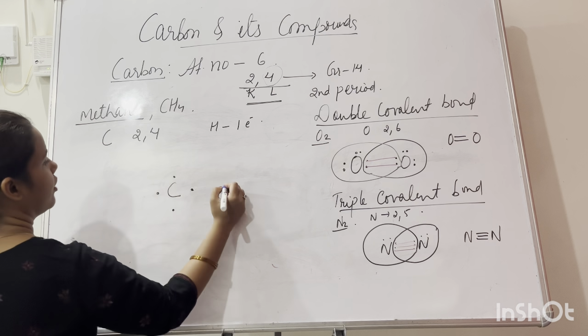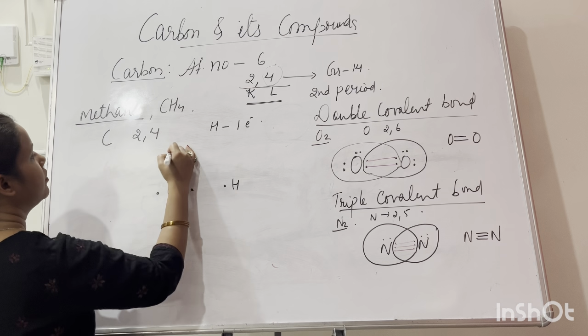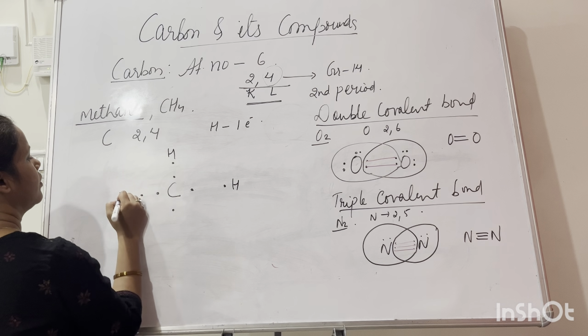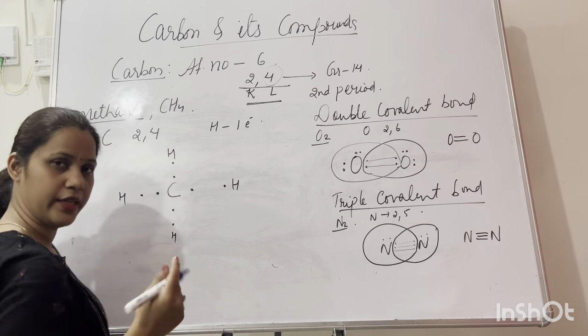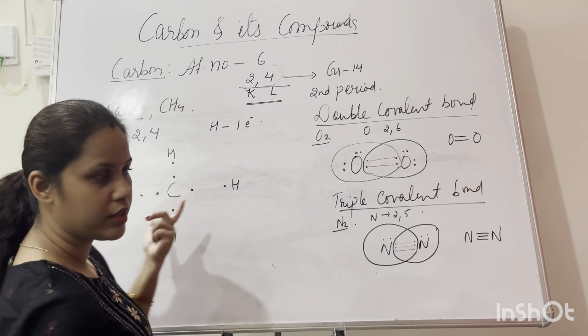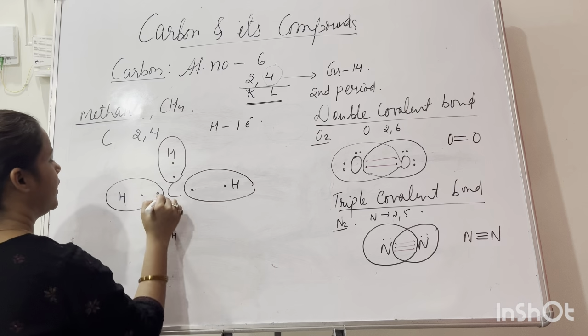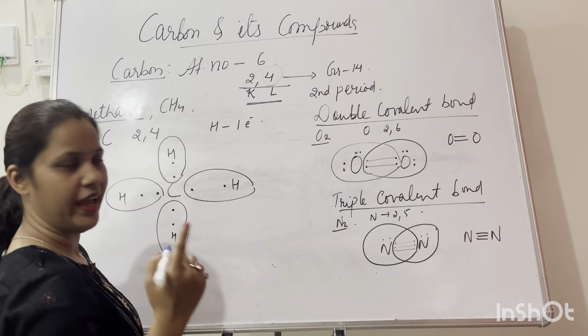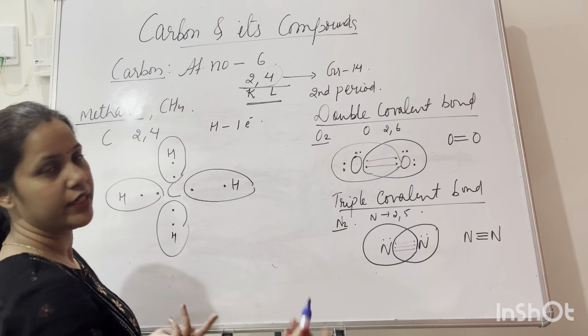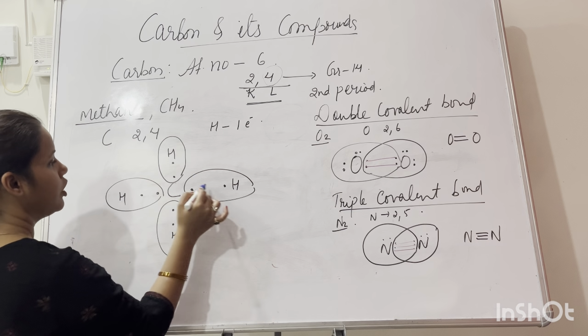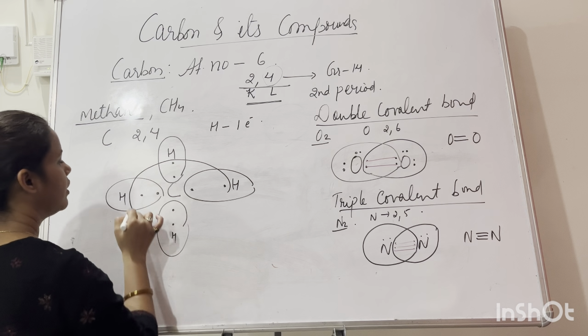Hydrogen has only 1 electron. ठीक है. तो हाइड्रोजन अपना एक इलेक्ट्रॉन कार्बन के साथ शेयर करेगा. 1 electron, 1 electron, 1 electron and 1 electron. And carbon will also share 1 electron with each hydrogen. So they will complete the octet.